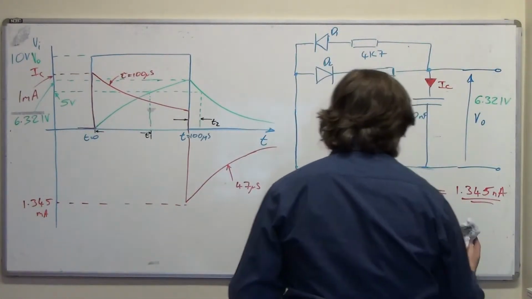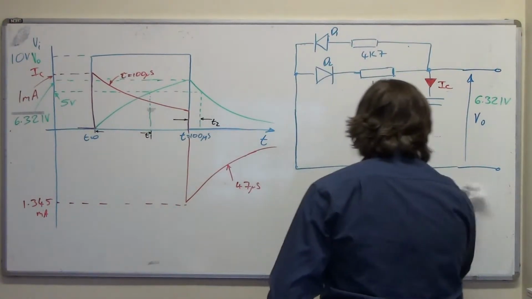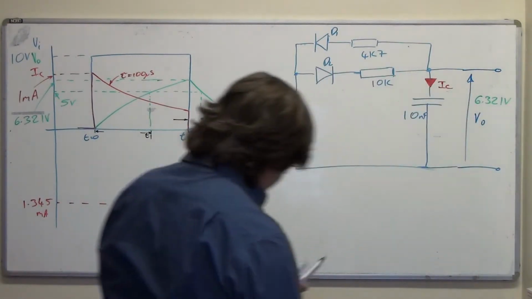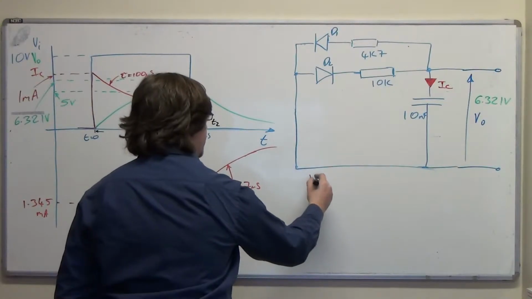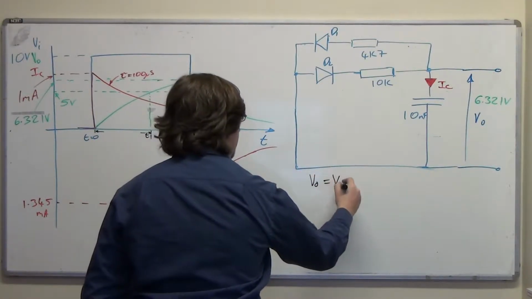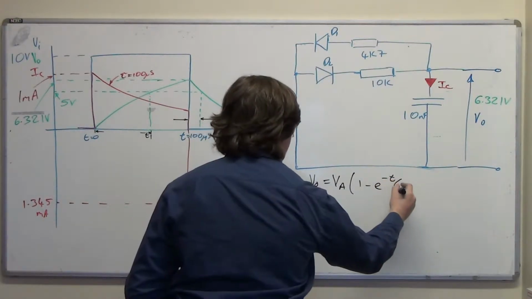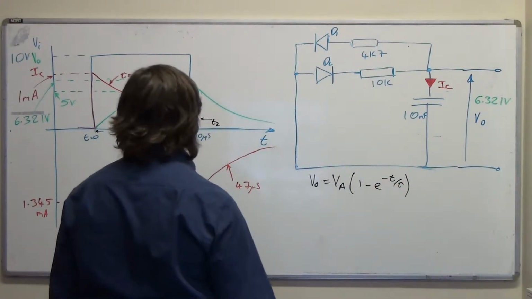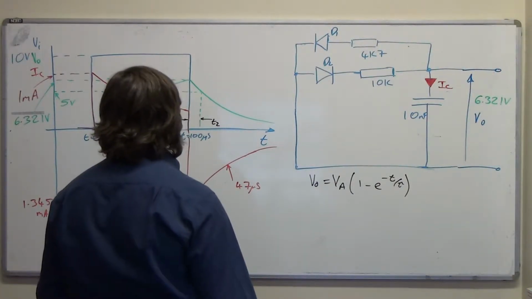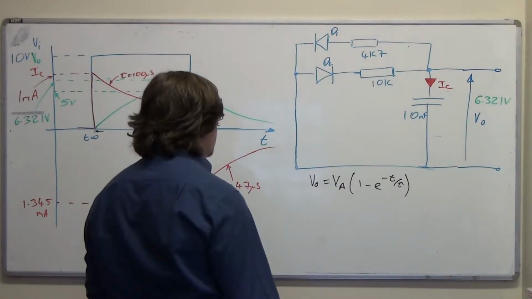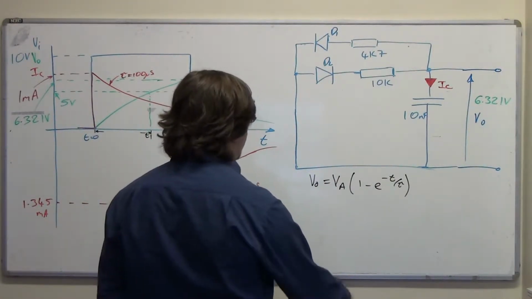And we can apply the same equations that we've applied in 6 part A. We know that the equation for this sort of exponential is VR is equal to VA times 1 minus e to the minus t upon tau. And we know that at 100 microseconds it gets to 6 volts, so it shouldn't be too difficult for us to work out what the time involved is.